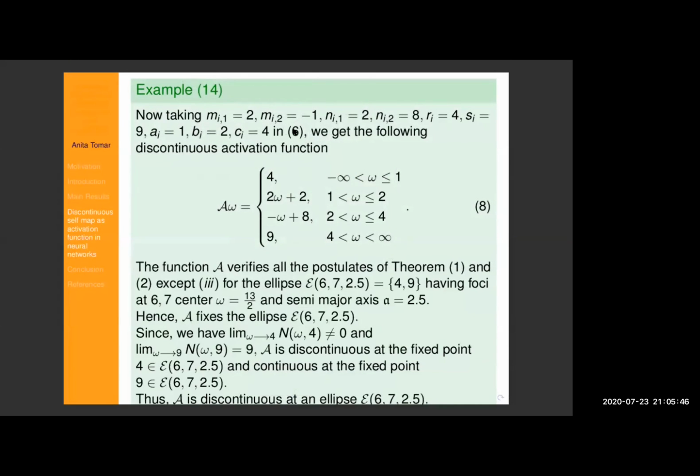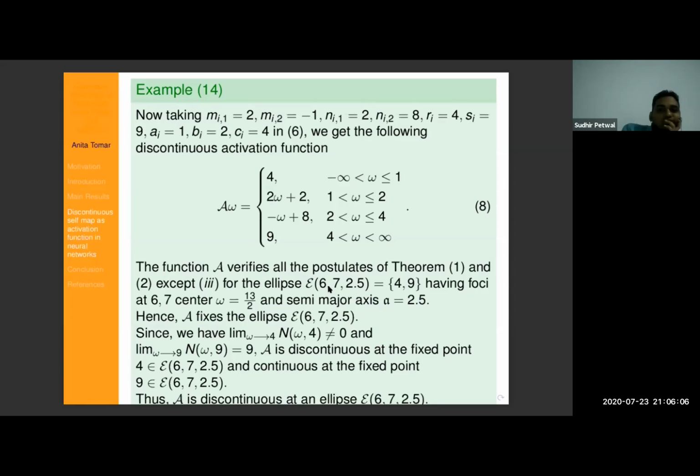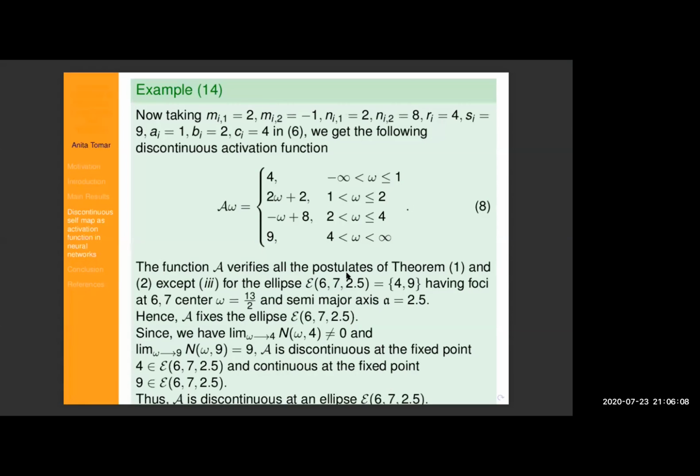So if we take the values like this, in that case also we get the discontinuous activation function, and one may observe that this discontinuous activation function satisfies all the postulates of both theorems 1 and 2, and for the ellipse having one focus at 6 and another focus at 7, and length of semi-major axis 2.5, and this is equal to 4.9.